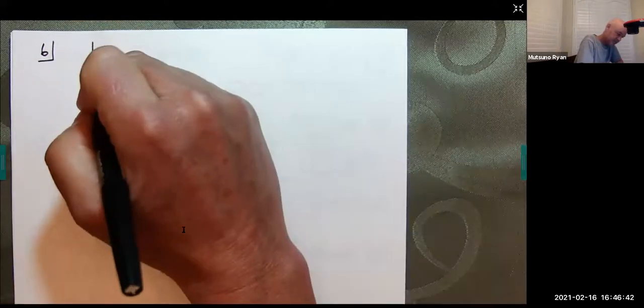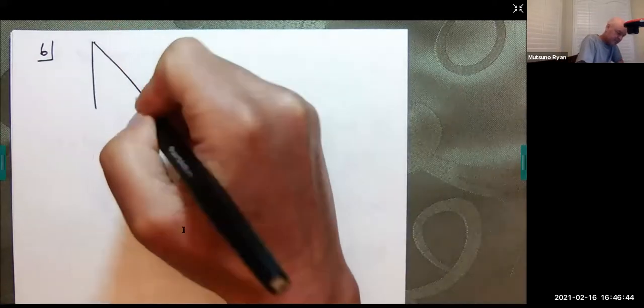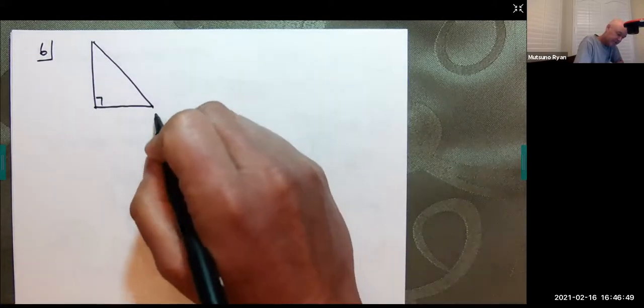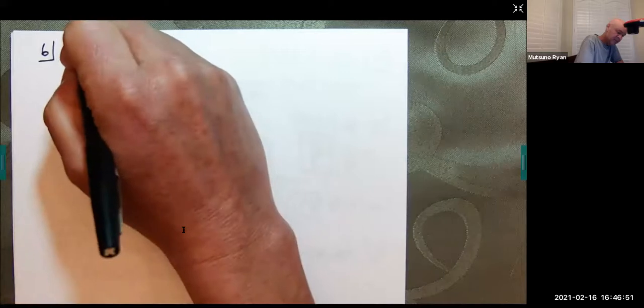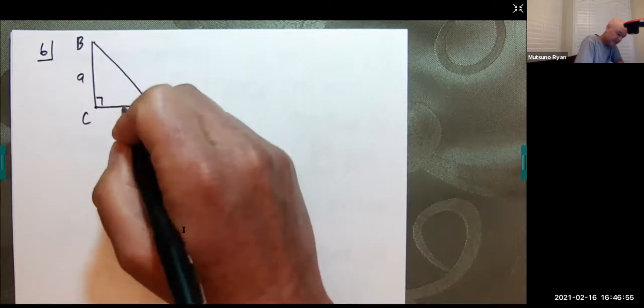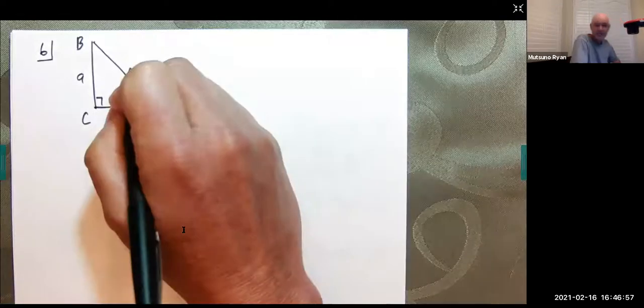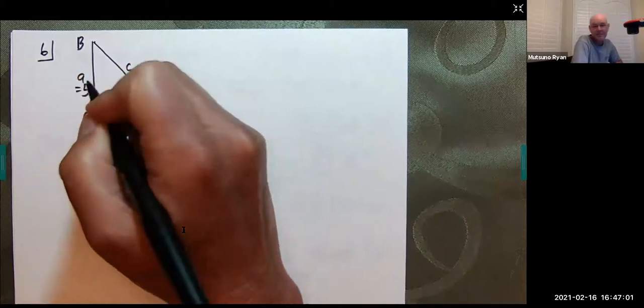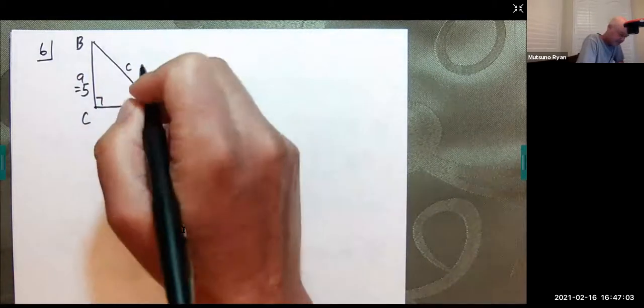So number 6, it's going to be a triangle. This is angle A, angle B, angle C, inside A, B, and C. And they tell us that A is 5, C is 6.